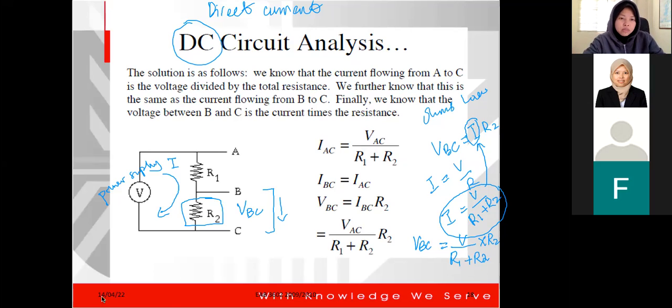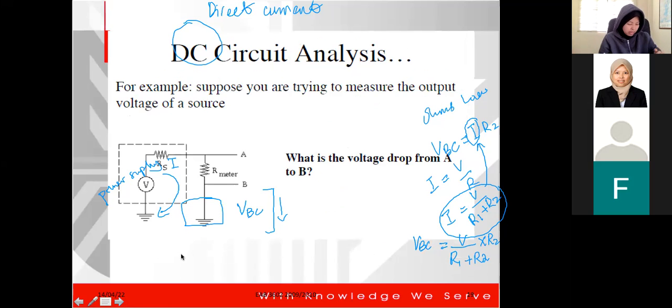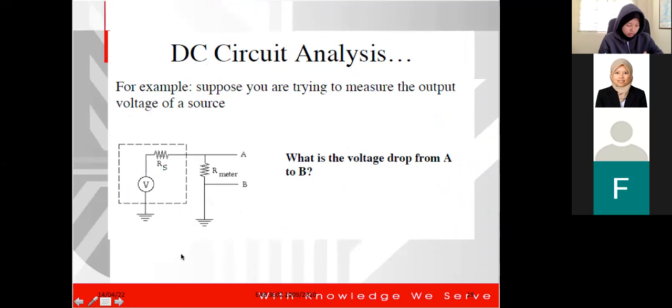Okay, let's move on. We'll see whether you understand or not for the next one. Saya ada sedikit exercise untuk semua. Dan katakan saya ada circuit yang macam ni. For example, suppose you are trying to measure the output voltage of a source. Okay. So you ada voltage source kat sini, and then you ada dua resistor, RS and also R meter.